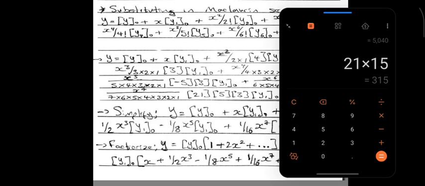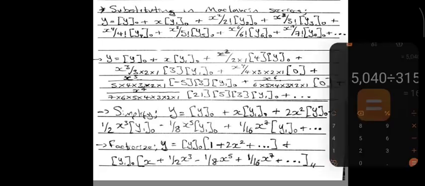So I want to check if 315 is a factor of 5040. So we have 16, which means the numerator cancels out in the denominator, and we will be left with 16 in the denominator. So that is plus 1 over 16 multiplied by x power 7 multiplied by y subscript 1 of 0, and it keeps adding up in the formula if you continue with your values of n.